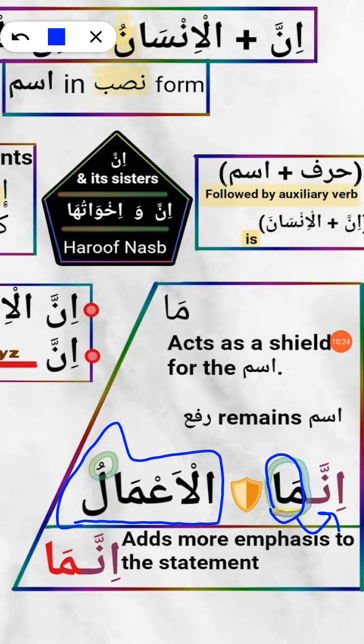So it was originally innal a'mala, but since I've added ma over here, it becomes innamal a'malu. Why do we do that? We do it to add more emphasis to this statement. We'll be touching on this subject in some detail in section C, when we'll be studying different kinds of stresses that we can give to a sentence. So remember this point for now.